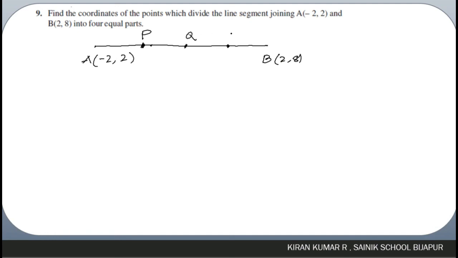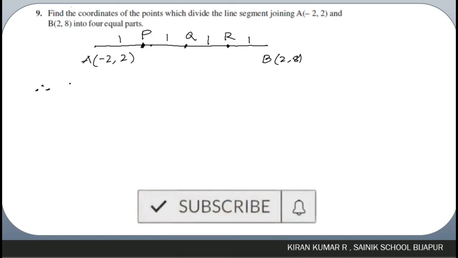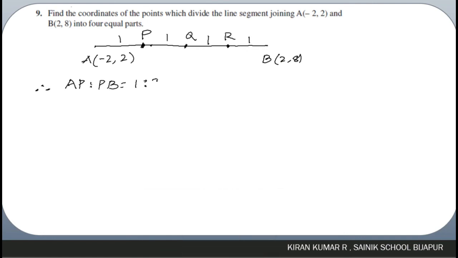So if I mention 3 points here, P, Q, R, AP is to PQ will be 1:1, PQ is to QR will be 1:1, QR is to RB will be 1:1. Therefore, with respect to point P, AP is to PB will be 1:3. So the coordinate of point P can be found.